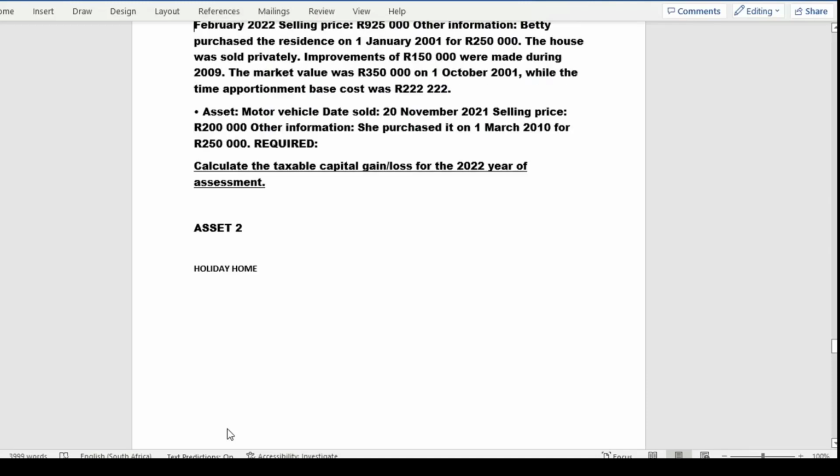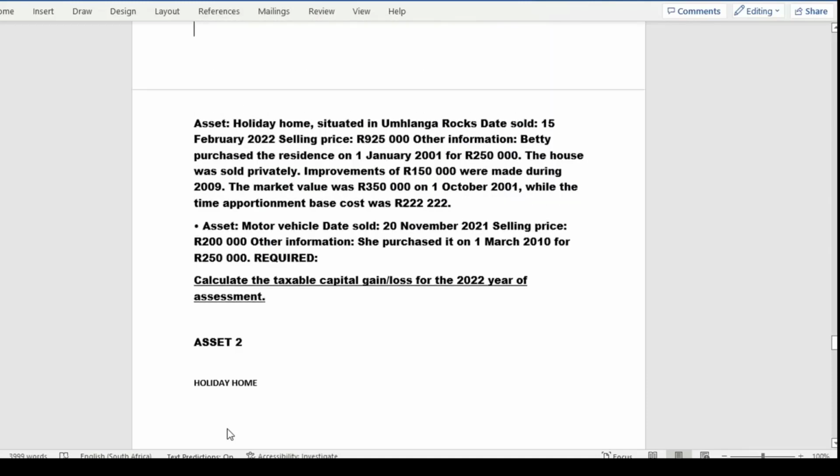All right, let's have a look at asset number 2. It's a holiday home situated in Umhlanga Rocks. It was sold on the 15th of February 2022, and the selling price is 925,000 rand. Betty purchased the residence on the 1st of January 2001 for 250,000 rand.